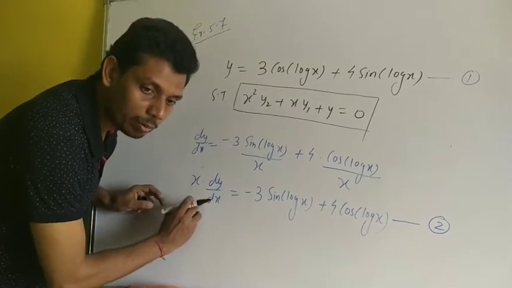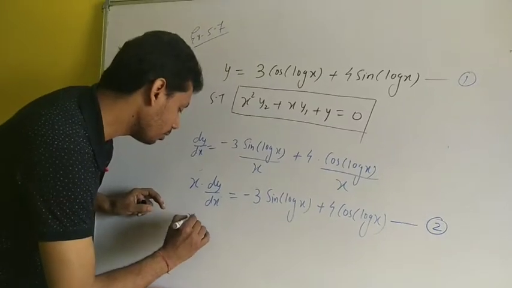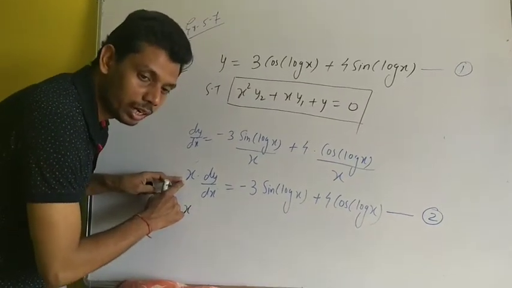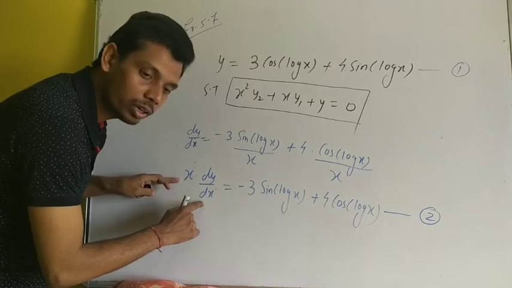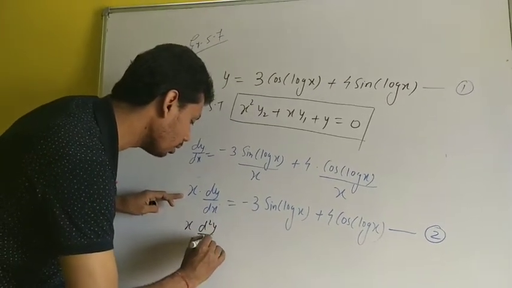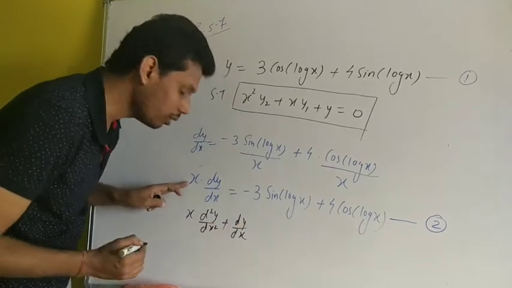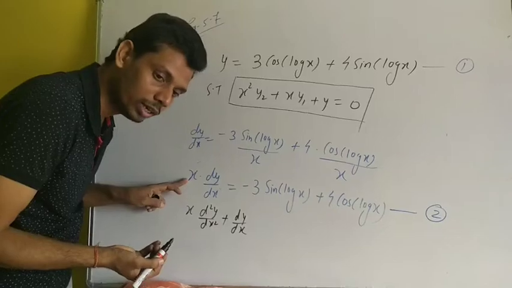This is in a form of u into v. So x, keeping x constant and differentiating this dy by dx with respect to x, we get x into d square y by dx square plus, now keeping dy by dx constant and differentiating x with respect to x, we know that its value is what?